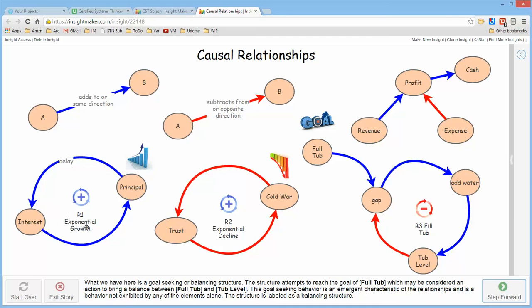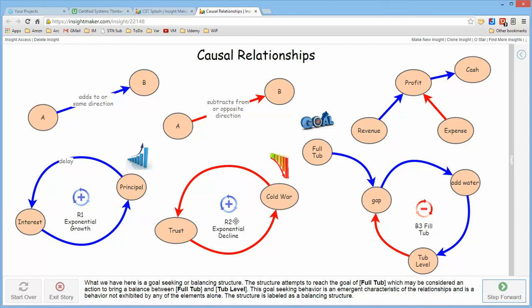Reinforcing structures, which always promote growth of something, are typically labeled R for reinforcing and a number, and with whatever it is that it's causing to grow. In this case, it probably should have been R1 savings, because that's what the principal is.